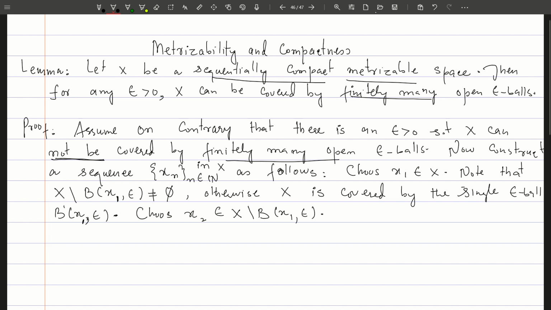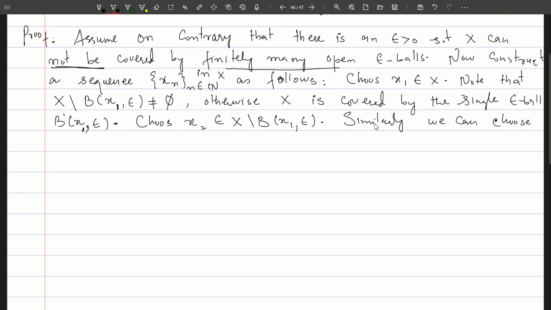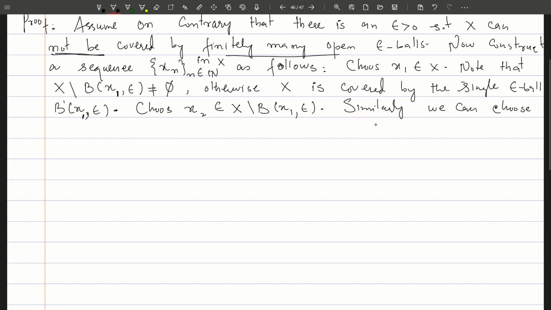Similarly, we can choose x3, which is in X but not in the union of the balls B(x1, epsilon) and B(x2, epsilon).